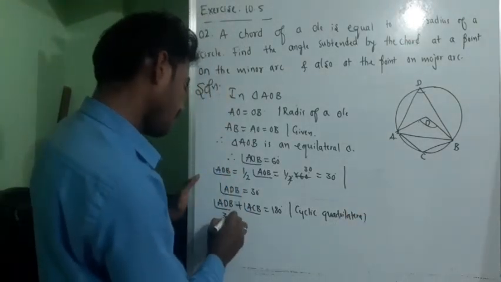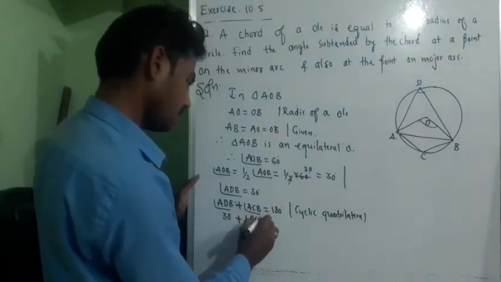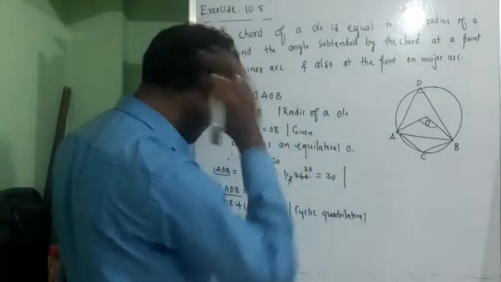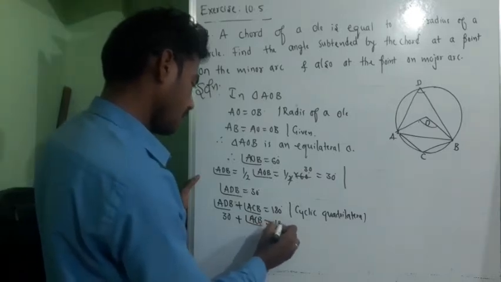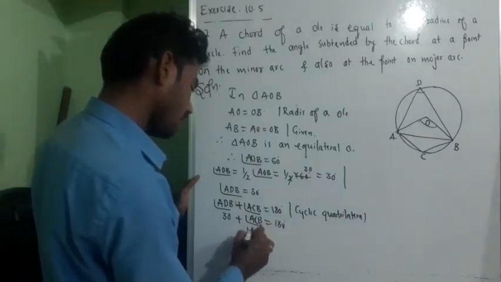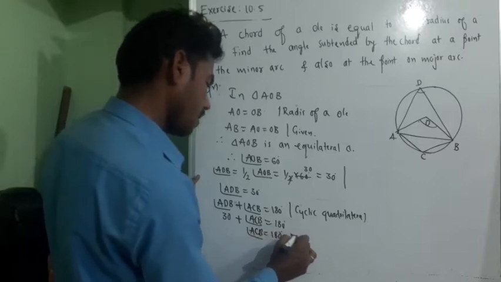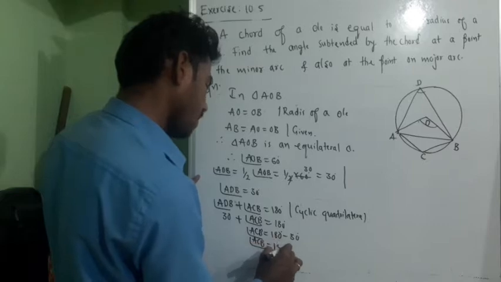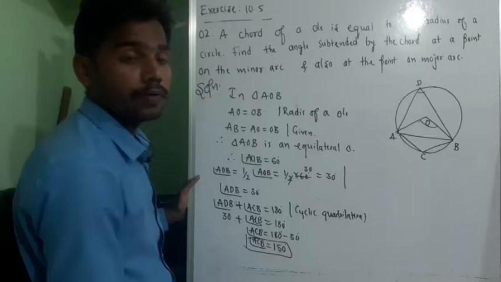ADB is 30 degree, plus angle ACB is equal to 180 degree. Therefore angle ACB is equal to 180 minus 30. Therefore angle ACB is equal to 150 degree.